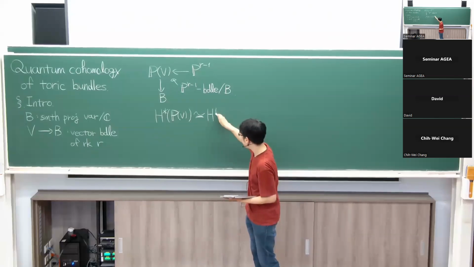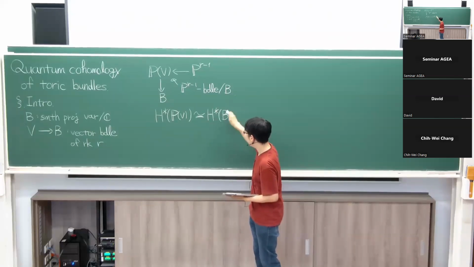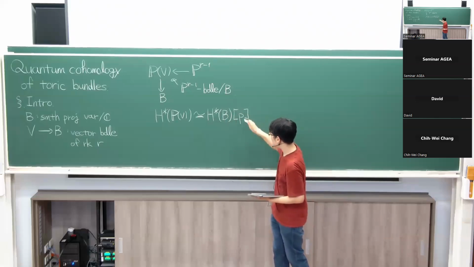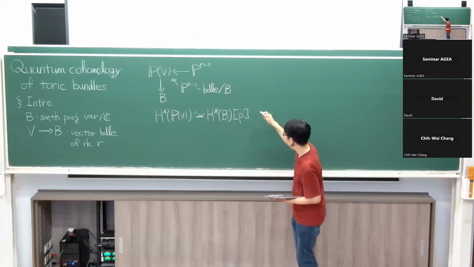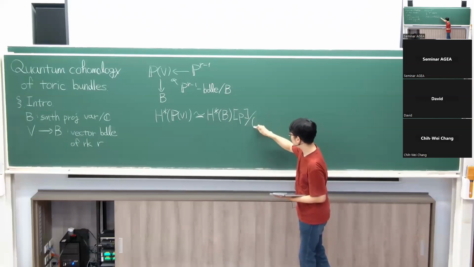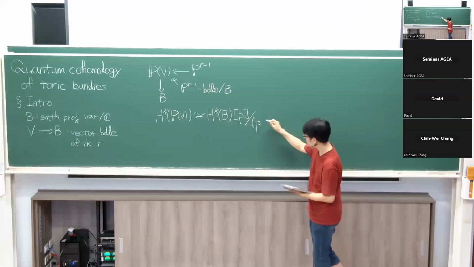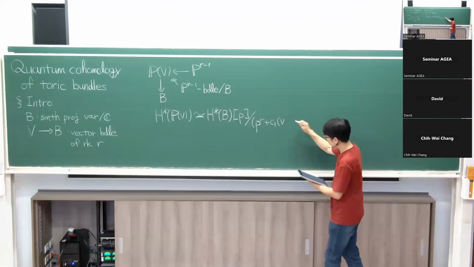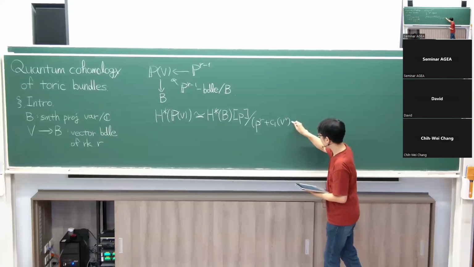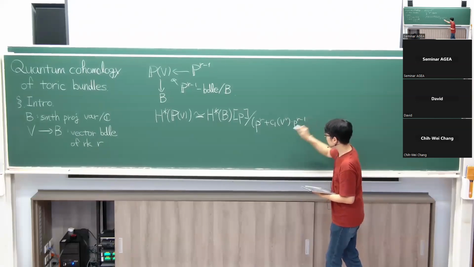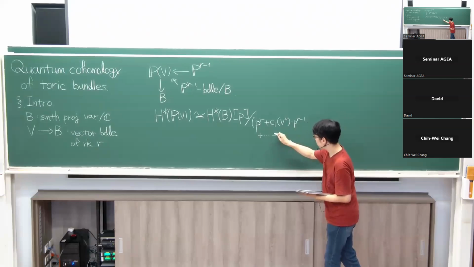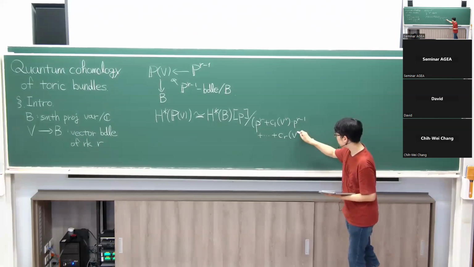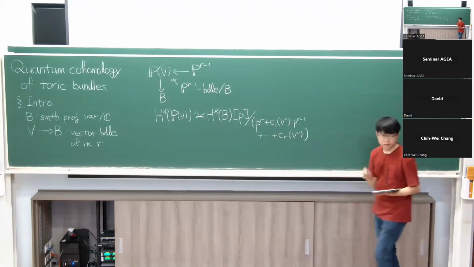It can be described using the cohomology of the base space and a characteristic class of the vector bundle.